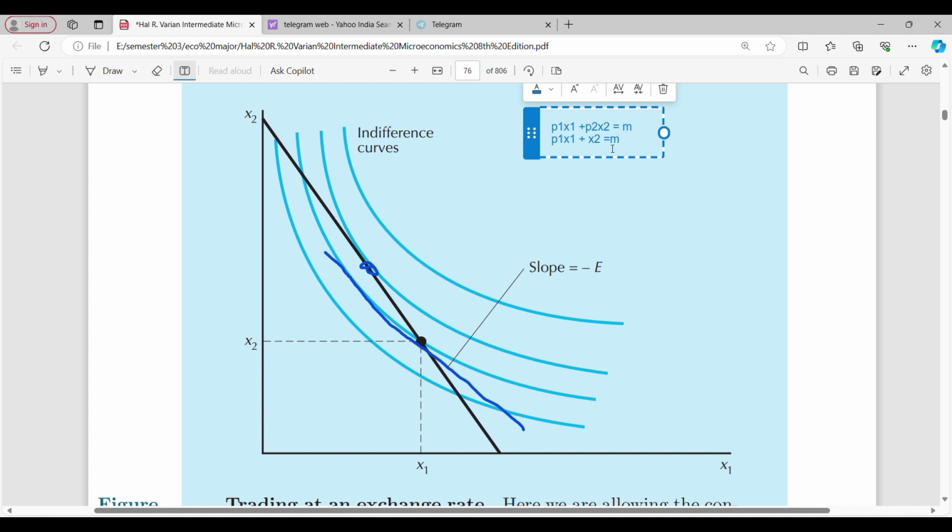How much you end up buying of a good will depend on your preferences for that good and the prices that you face, according to your income. So how much you would be willing to pay for a small amount of extra of the good is a feature only of your preference. So that's what it is about.